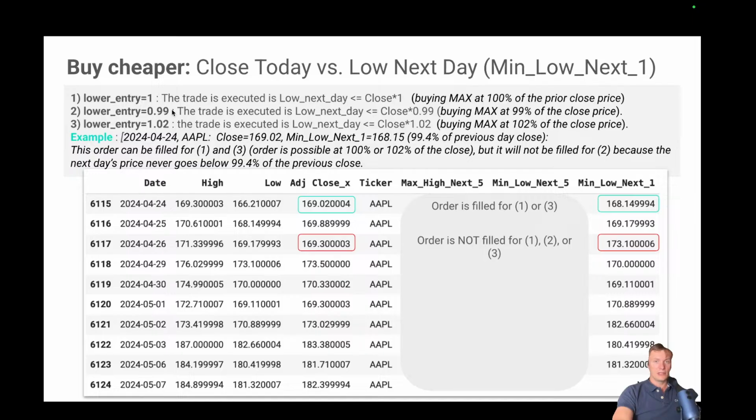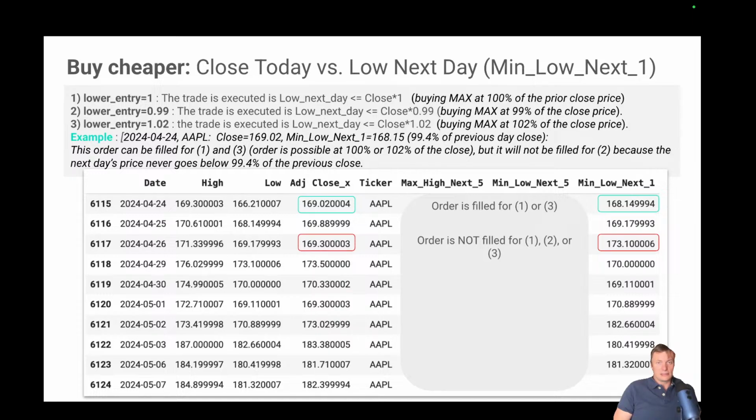If lower entry is 0.99, we try to buy cheaper. So probably the predicted stock is still not in the bullish range, and not everyone is buying it, and you could buy it cheaper. And if you can buy it cheaper and it will grow later, you can get this additional 1% of returns on your account.